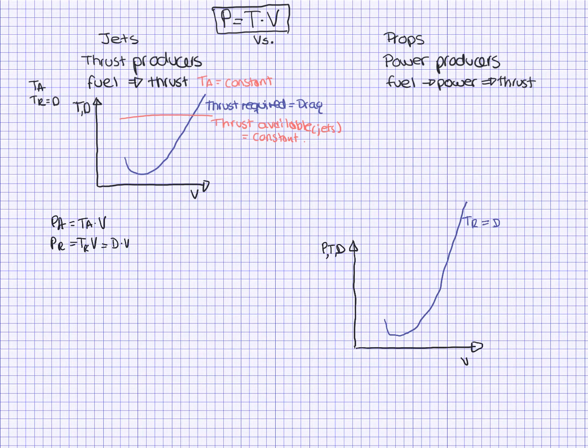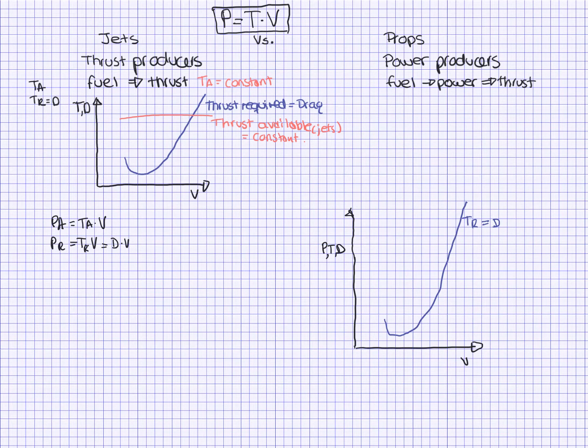And this is for my prop. It doesn't matter whether it's a prop or a jet, because thrust required is the same as drag. It has nothing to do with the engine that is on it. It just has to do with the drag.